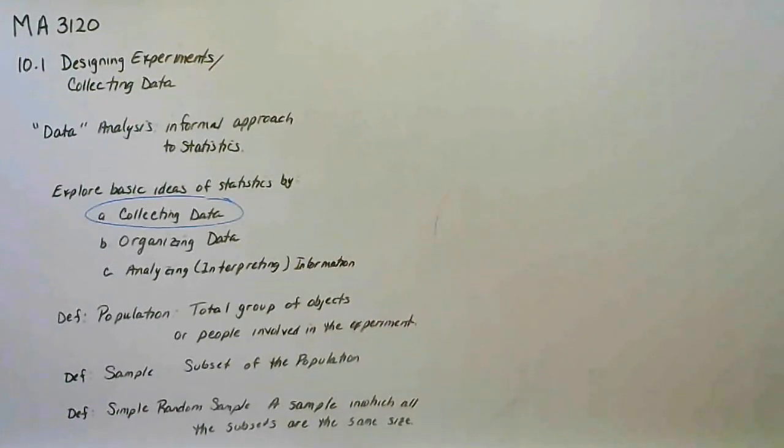If you're familiar with sports, for example, you've got all these Major League Baseball teams, but each team can only have a 40-man roster that they travel with. Although you have a population of all the Major League teams with all the players, the roster they can travel with has to be the same number for every team, so that would be considered a simple random sample. So that's what we mean by that.